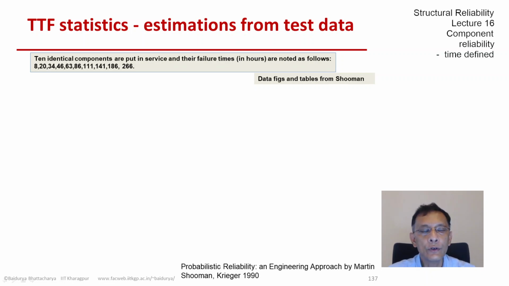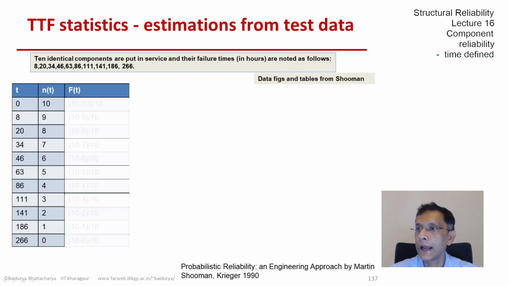So we'll use this very simple data set to find the CDF of the time to failure of that component, the PDF, the reliability function, and the hazard function. So let's take this up one by one. And so let's first list the data in a table.